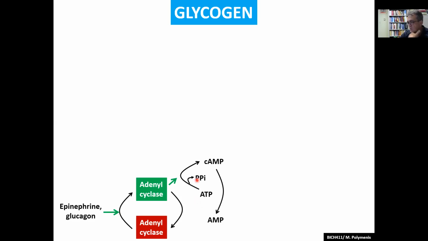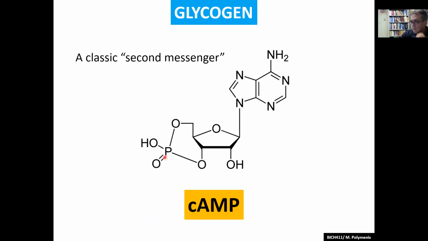It will hydrolyze it, and the AMP will cyclize to give you cyclic AMP, which we have never seen before. And it's really the alpha phosphate in the cyclical form here. And this is what cAMP looks like. It has nothing to do with a metabolic role. It's really a second messenger. It's a signaling molecule, a very prominent one.